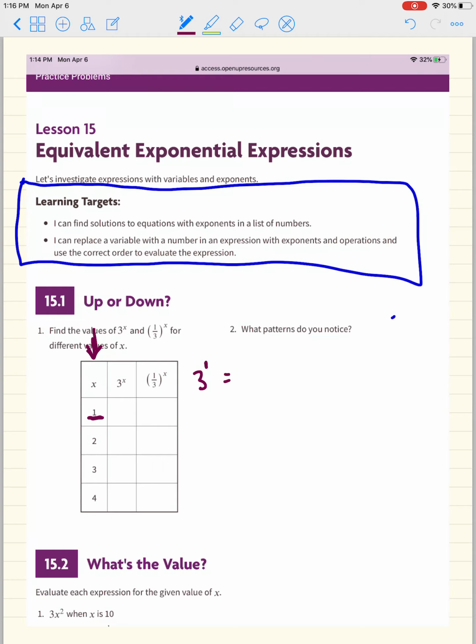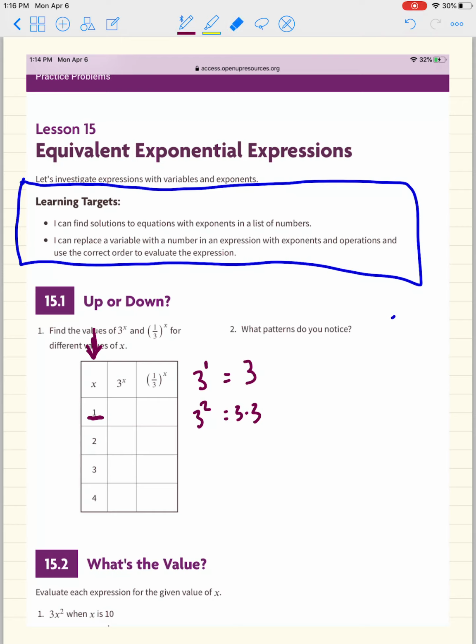So what that is telling you is the amount of times that we are going to multiply 3 by itself. Now, when we have 3 squared, we're multiplying 3 times 3. So when we just have 3 to the first power, we're just going to get 3.